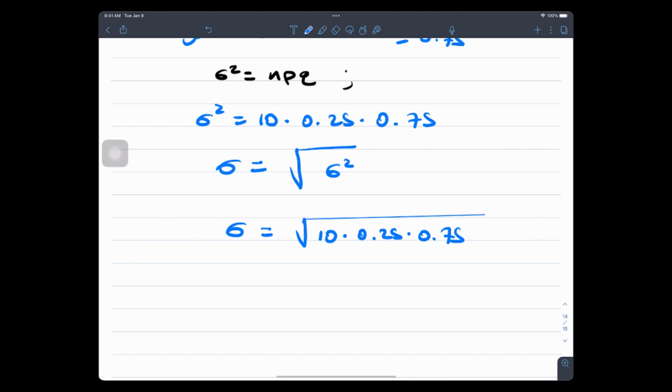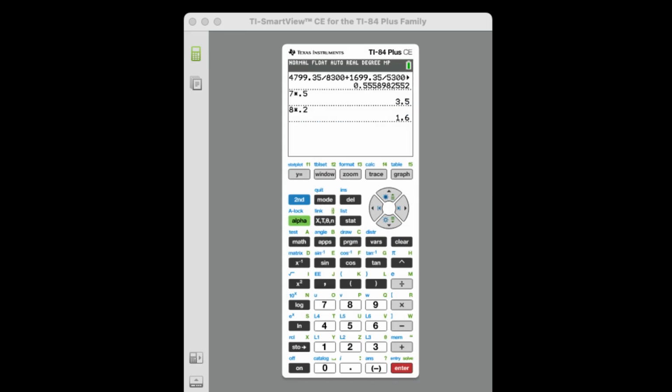Now, again, ladies and gentlemen, you may not think that this is a big deal. It is a very big deal, because look at the definitions we used yesterday. All I have to do now is take the square root of 10 times 0.25 times 0.75.